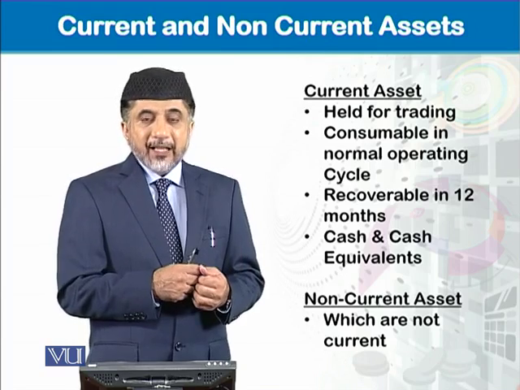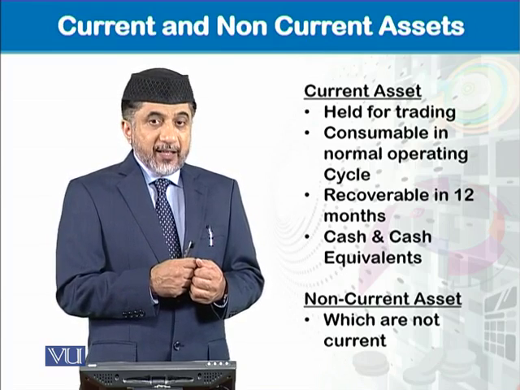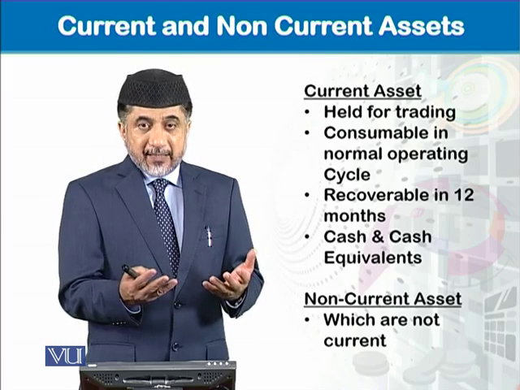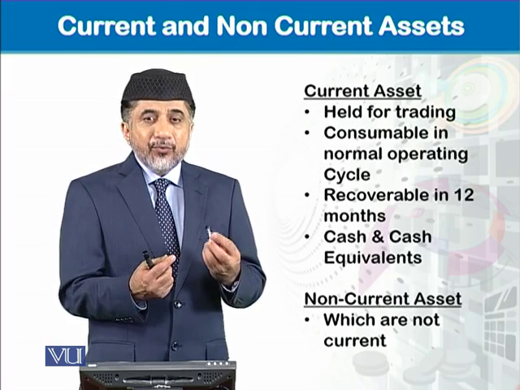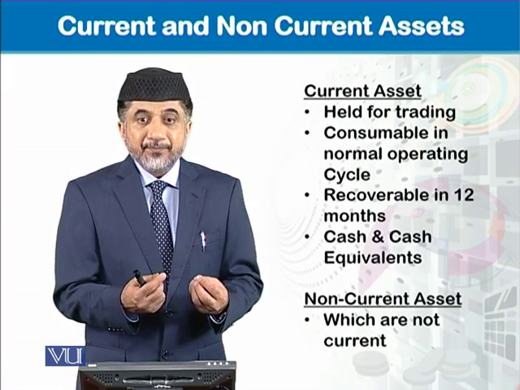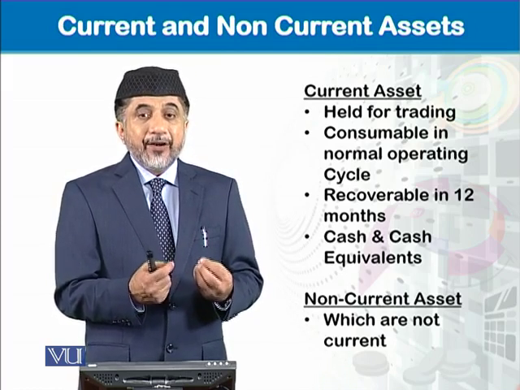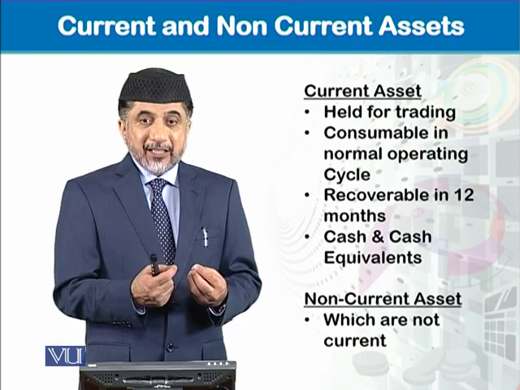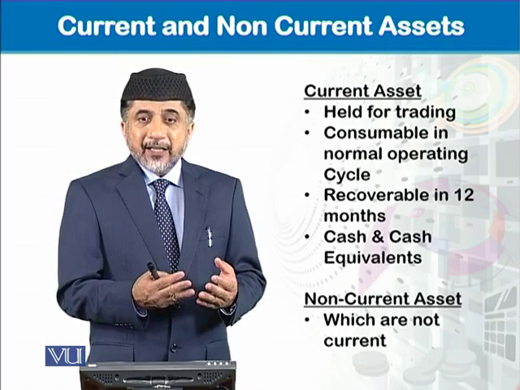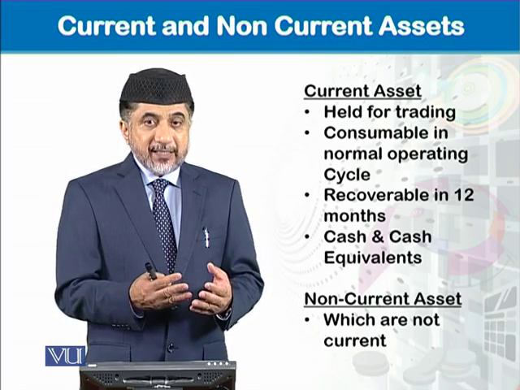And then comes cash and cash equivalents. These are the cash in hand and the bank balance, and some investments which are highly liquid, very short term and readily convertible into cash. These are known as cash and cash equivalents. So all these are current assets.